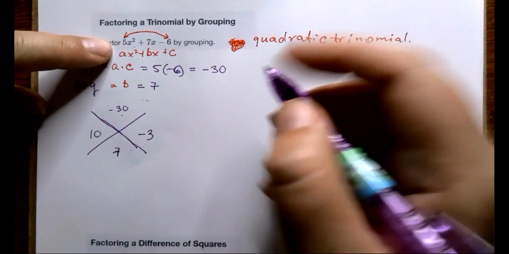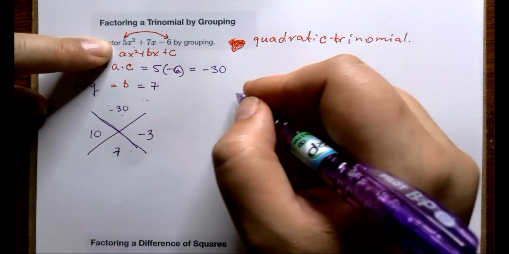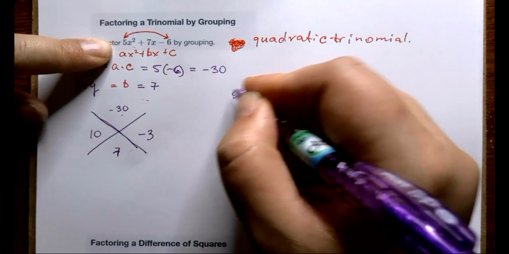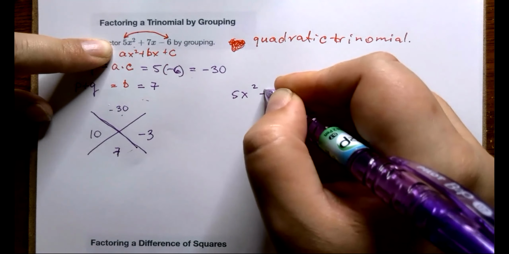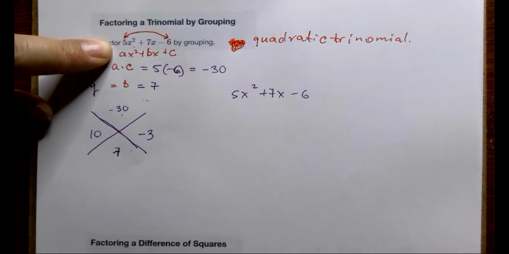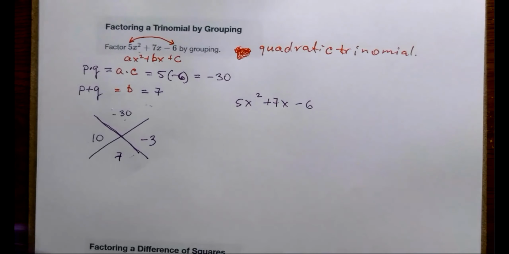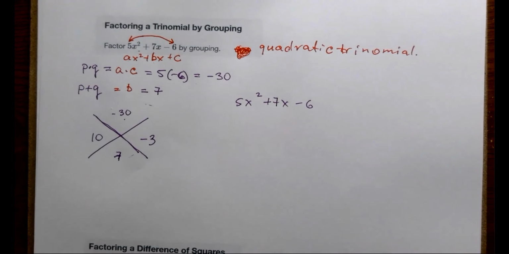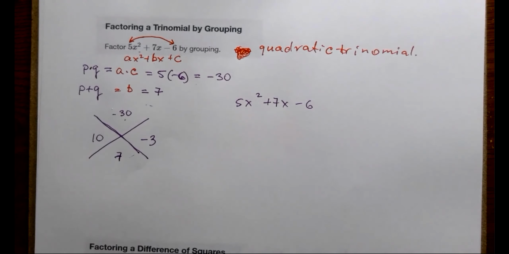So what we're gonna do, we're gonna copy this polynomial here. So we have 5x squared plus 7x minus 6. Okay, so what I'm gonna do now, I'm gonna split my middle term using those numbers that I just found.